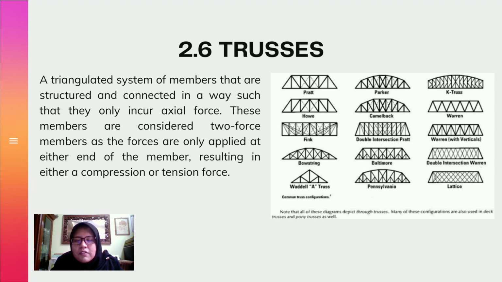So we can see there are a lot of types of truss bridge, and if we want to know whether the truss is statically determinate or not, we can use the formula m plus r equals 2j. Okay, thank you.